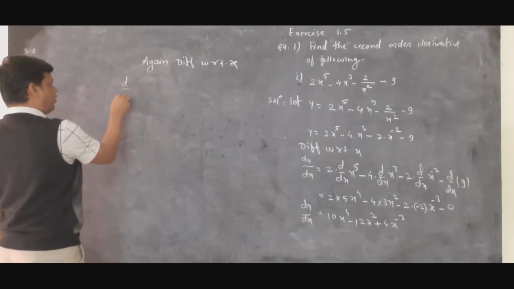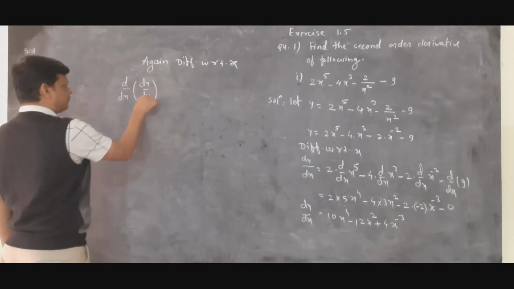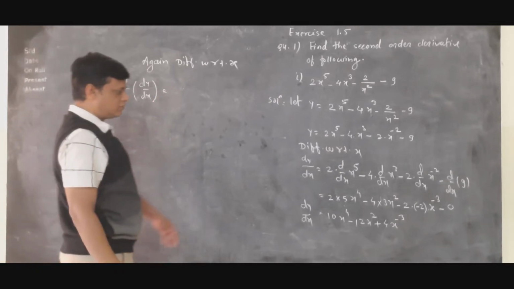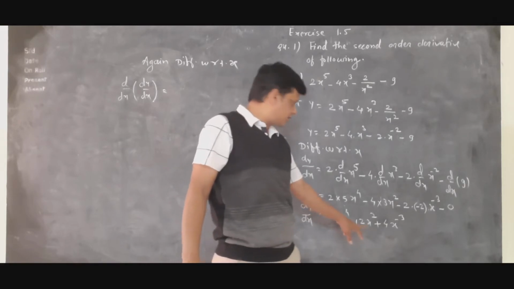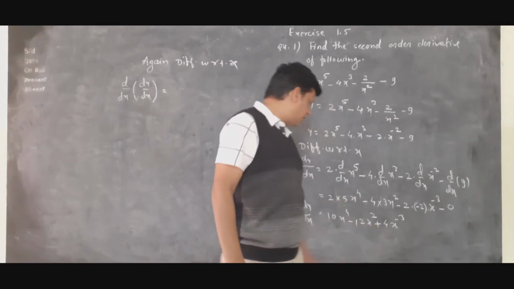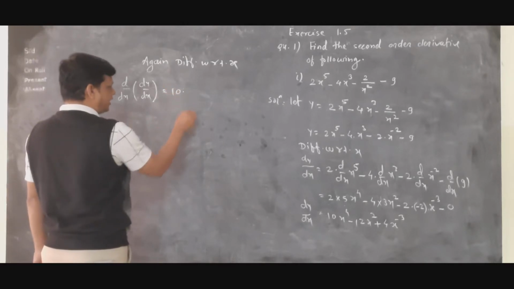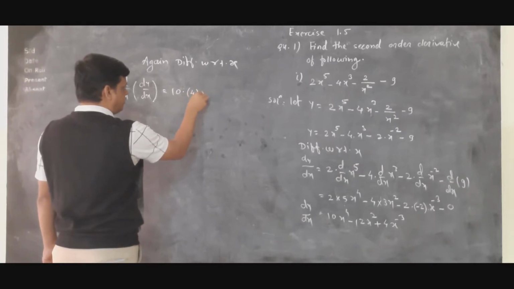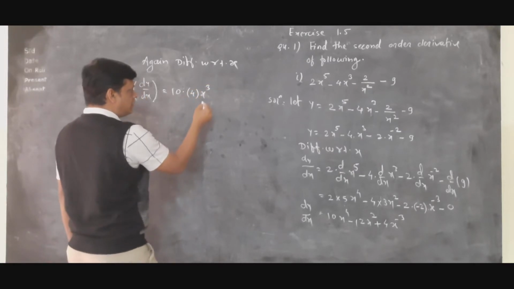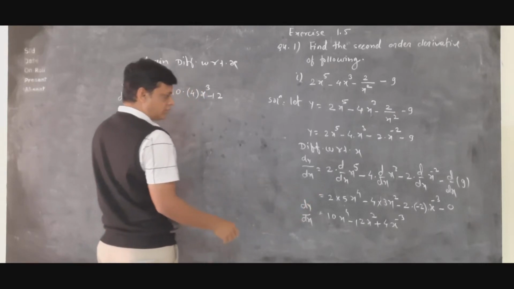So derivative of dy by dx is equal to, so we have to find here derivative of first term minus derivative of second term minus derivative of third term. So we write here derivative directly. 10 into derivative of first term, that is derivative of x raised to the power 4 is 4 into x raised to the power 3, minus 12 into derivative of 12x square.